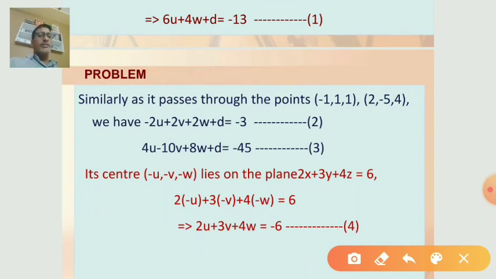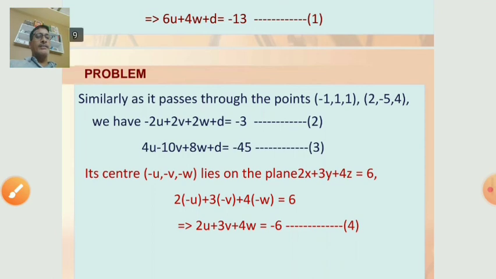To solve these equations in a shorter method, we have to write the matrix equation form of the equations 1, 2, 3 and 4. So this can be written like this.